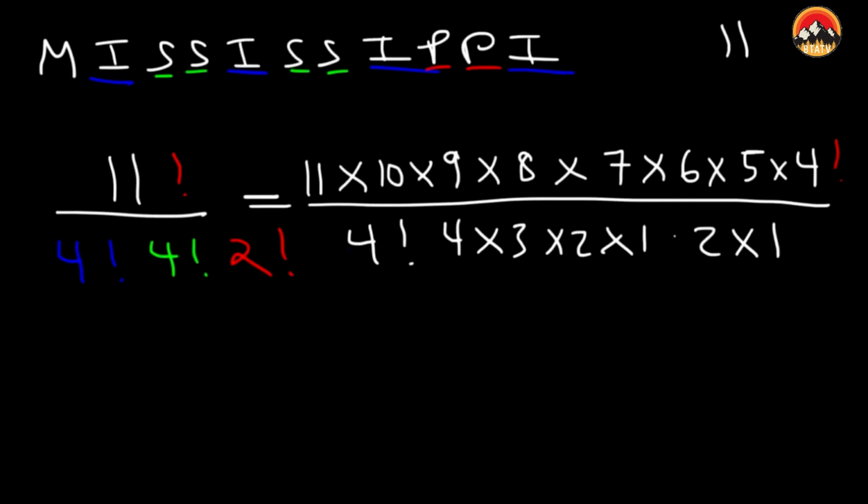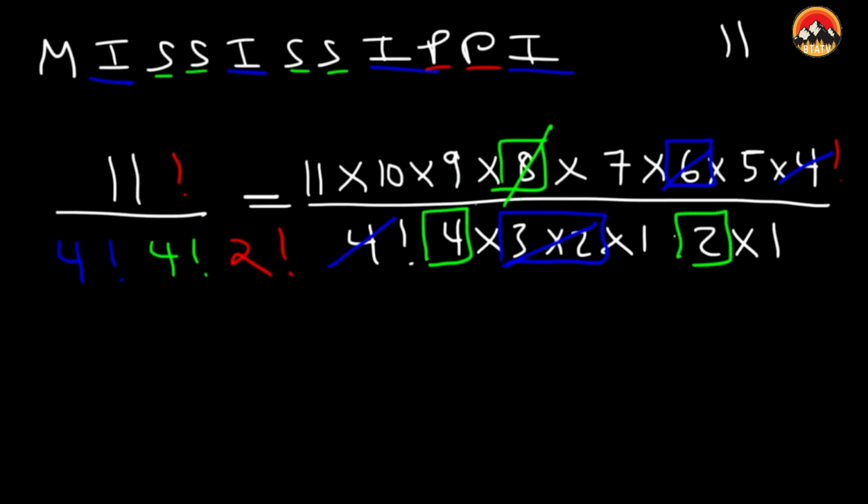So we can cancel 4 factorial. And let's see, what else can we cancel? Well, we know that 3 times 2 is equal to 6, so we can cancel those. And also, 4 times 2 is equal to 8, so we can cancel that as well. So what we have left over is 11 times 10 times 9 times 7 times 5.